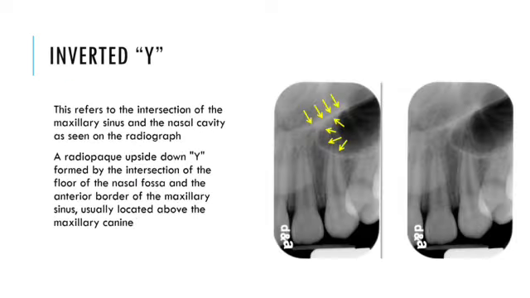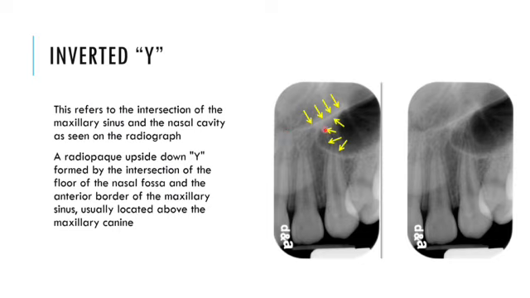So next is the Y line of Ennis. It is an inverted Y. This refers to the intersection of the maxillary sinus and the nasal cavity, a radiopaque upside down Y-shaped line.